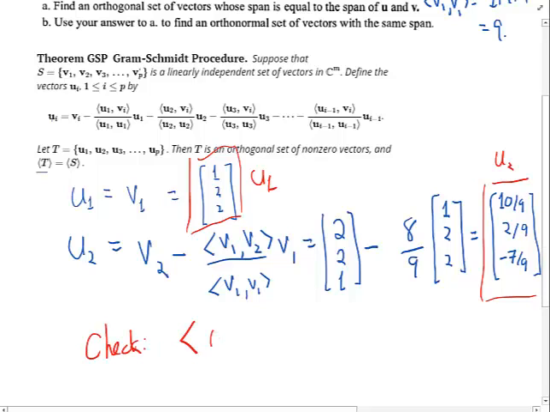Take the u1 inner product with u2. That's going to be equal to 1 times 10/9, which is 10/9, and then 2 times 2/9, which is 4/9, and then minus 2 times 7/9, which is minus 14/9. It's equal to 0.